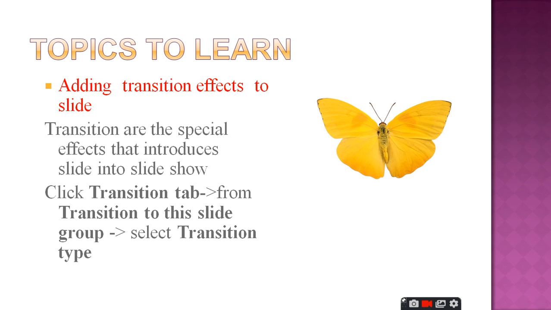First topic is adding transition effects to a slide. So after adding animation, we learn about the transition effects. What is a transition? Transitions are special effects that introduce a slide in a slideshow. It is a way to control how the next slide will replace the previous slide in the slideshow.